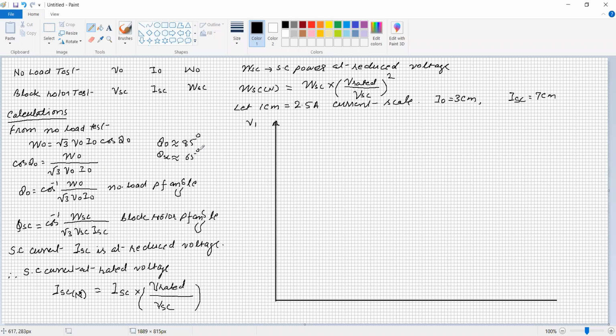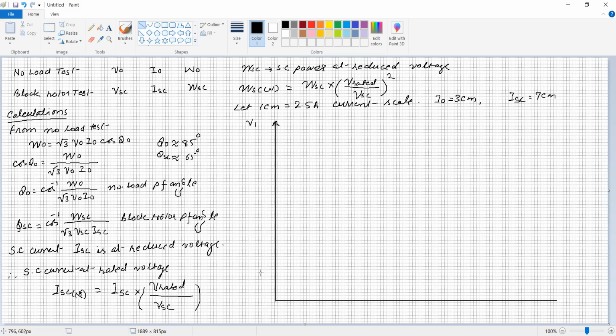Whatever the values are, they come from the calculation. In the calculation we find that theta 0 is a higher angle because it is under no load condition, and theta SC is somewhat smaller. So first of all, the no load current, say 3 centimeter as per the current scale, at an angle of theta 0.